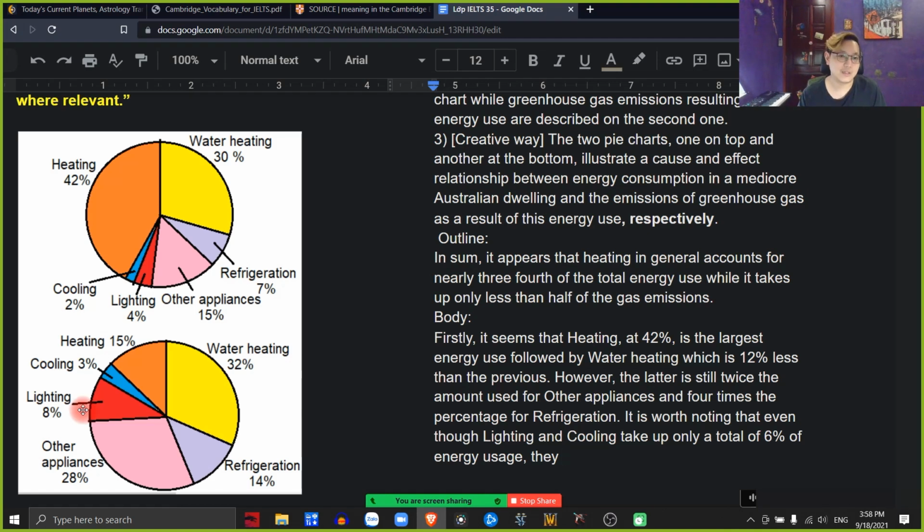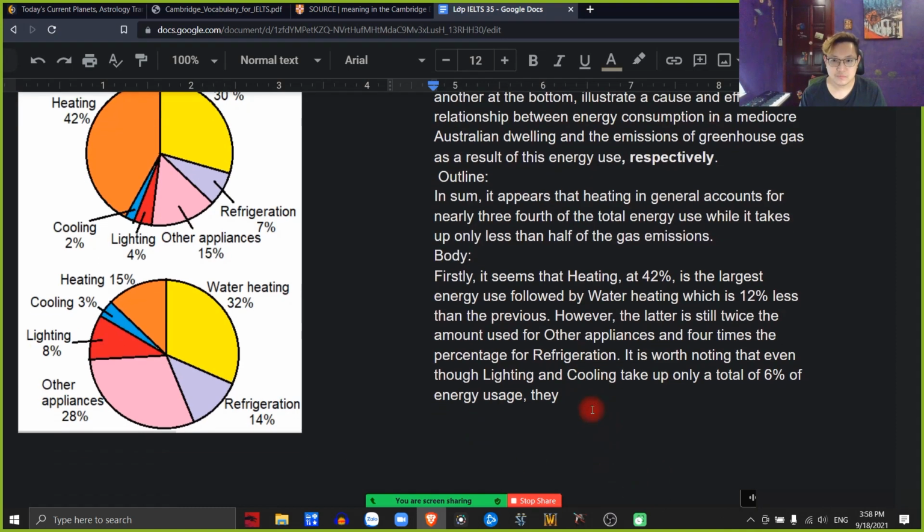Like I was mentioning, you can compare similar things, or you can compare different things like refrigeration and other appliances. So let's say it's worth noting that they expand to 11% in the second chart.